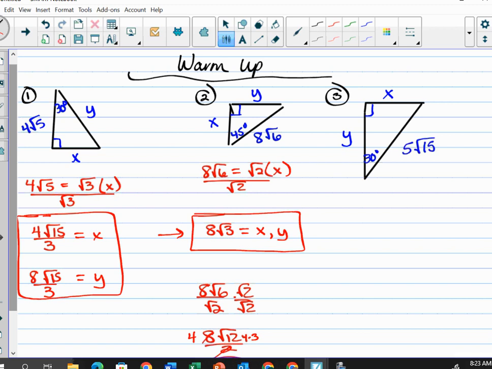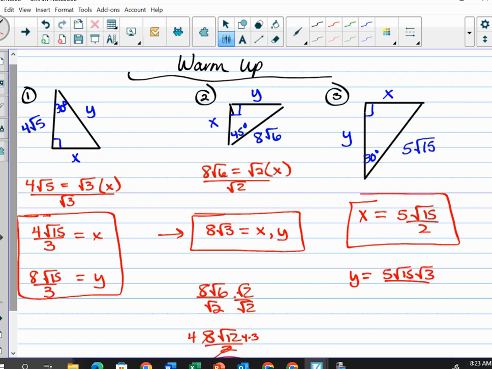All right. I gave you a hypotenuse in the third one. So we have to find the short leg first. What do I do to find the short leg? Divide by 2. So are we okay with x is 5 root 15 over 2? That's lovely. Okay. Then how do I go from short leg to long leg? So I've got 5 root 15 times root 3 all over 2.